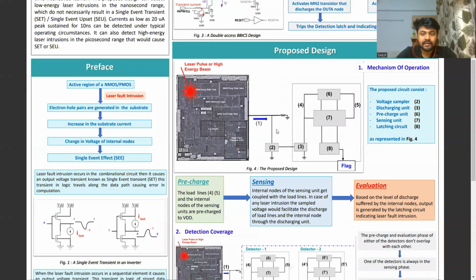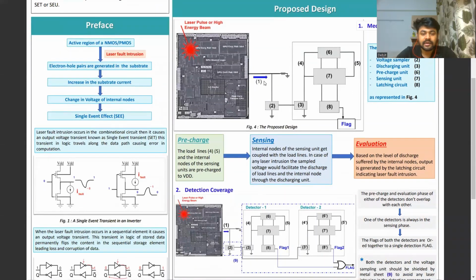In the proposed design, our design consists of a voltage sampling unit, a discharge unit, a precharge unit, a sensing unit, and a latching circuit, as you can see in figure 4. Here, when the substrate current increases, it is sampled in the form of voltage through this voltage sampler.